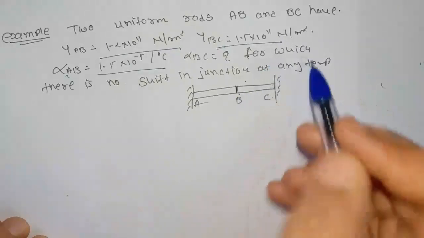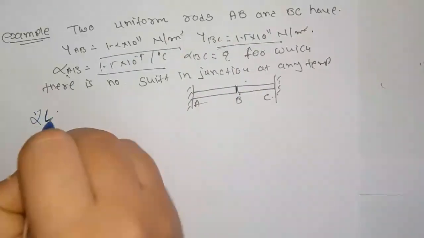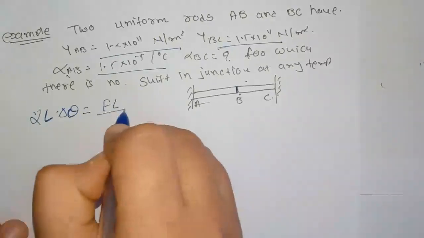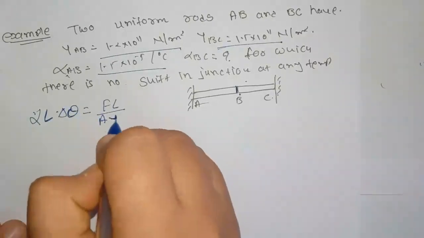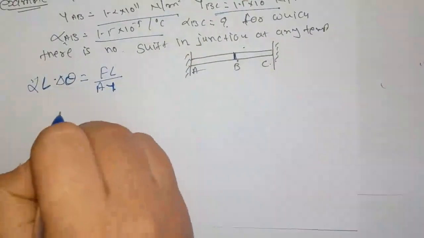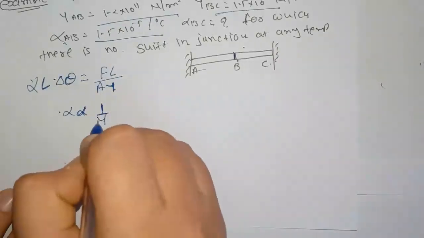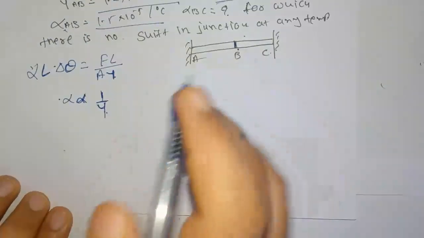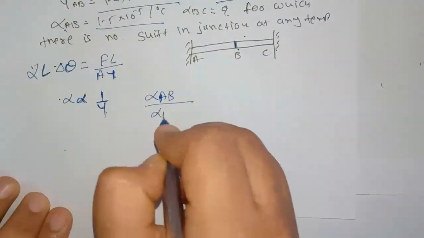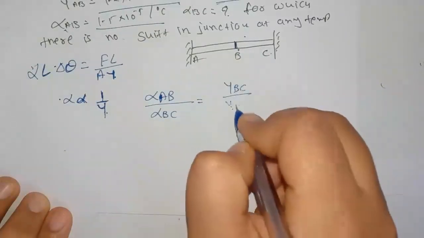Now for no shift, alpha L delta theta will be equal to FL upon AY. So we can write alpha is inversely proportional to Y. So alpha AB upon alpha BC is equal to YBC upon YAB.